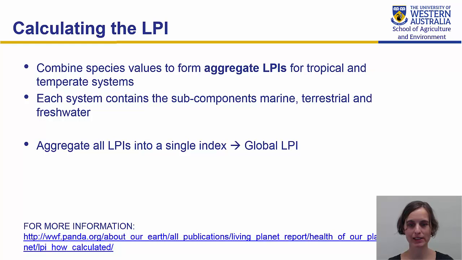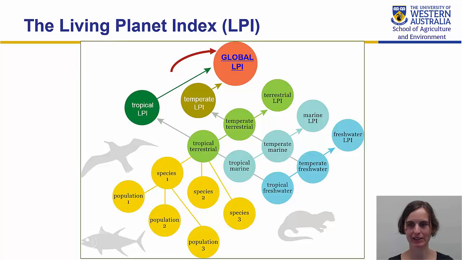Once they have all that information, they add those up again, so tropical plus temperate, or marine plus terrestrial plus freshwater, to calculate a global living planet index. So there you go. A little bit of a schematic how that is done.